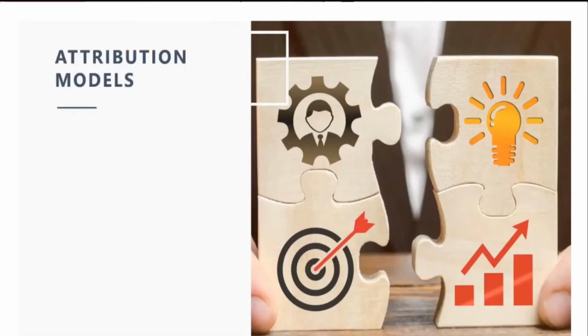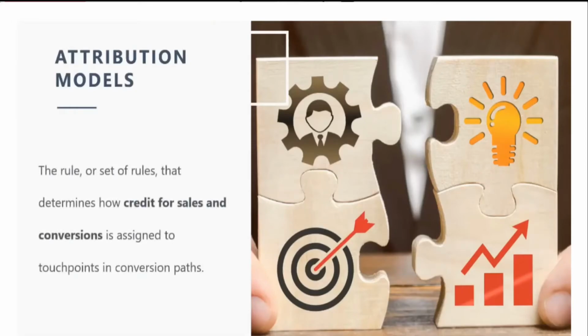If you're going to understand anything about Google Analytics, then you need to know what an attribution model is. It is the rule or set of rules that determines how credit for sales and conversions is assigned to touchpoints in conversion paths. Sounds a bit more complicated than it needs to be, perhaps, but essentially you have an ad on Facebook.